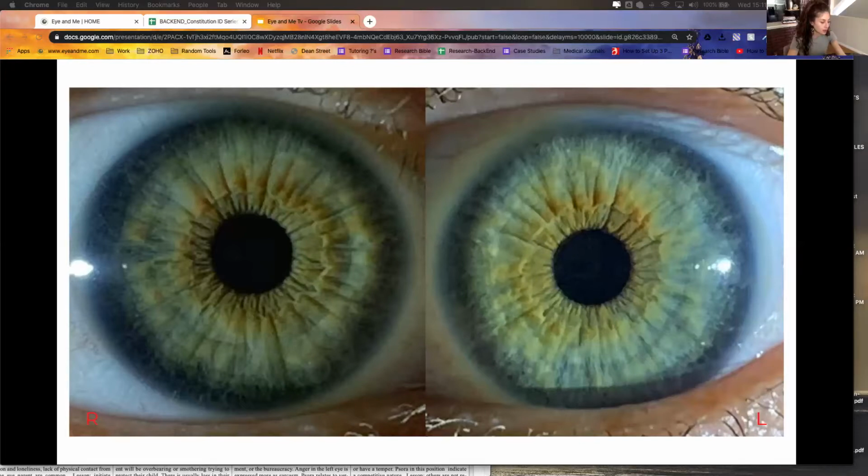Okay. So let me see what else we will look at here. Now, we look at a dominant side of the brain. We can see that through the iris. So when I look at your irises, I'm looking on my other screen here. We say which iris appears to have the most dominant, most dramatic amount of markings.